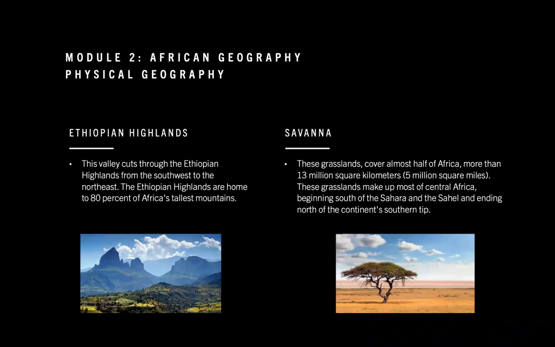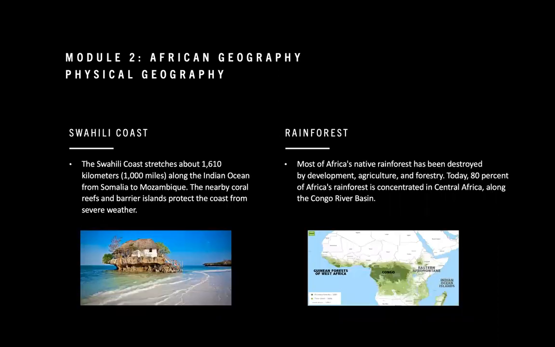So next to savannas is the Swahili Coast. The Swahili Coast stretches about 1,610 kilometers along the Indian Ocean from Somalia to Mozambique. The nearby coral reefs and barrier islands protect the coast from severe weather. What makes the Swahili Coast very distinct from other coastal regions of Africa is the fact that this is where Africa's rich marine ecosystems are found.